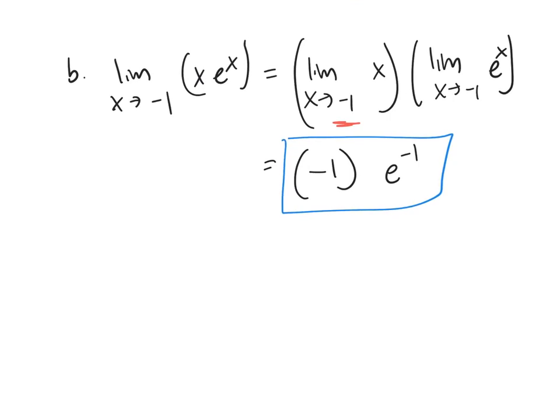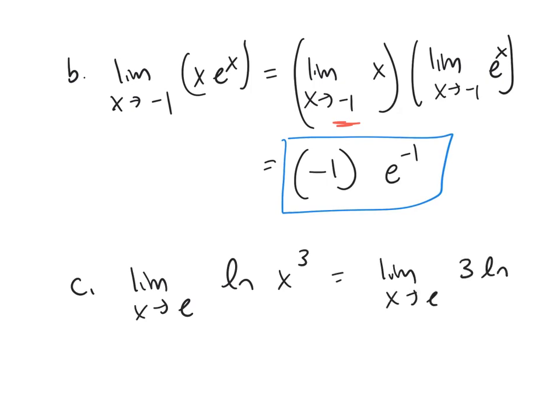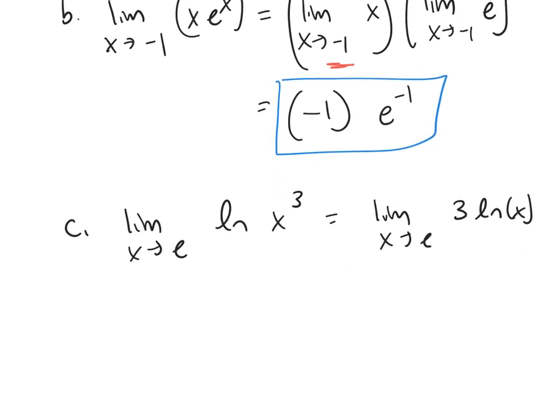And one final one. Let's compute the limit as x goes to e of ln of x cubed. Well, the first thing I can do is use my limit laws to bring down this exponent of 3 and pull this scalar out in front.